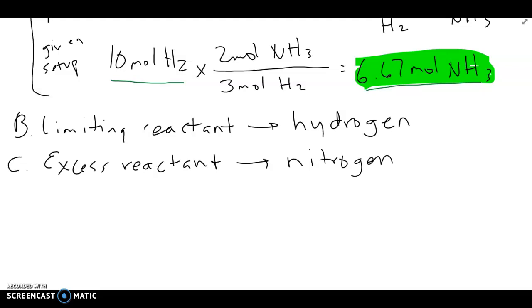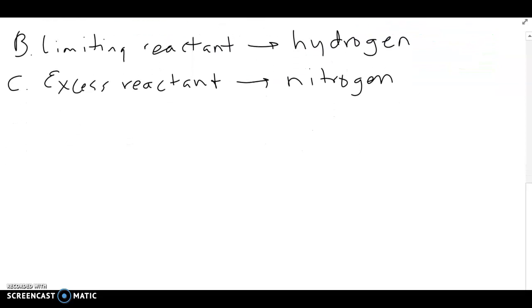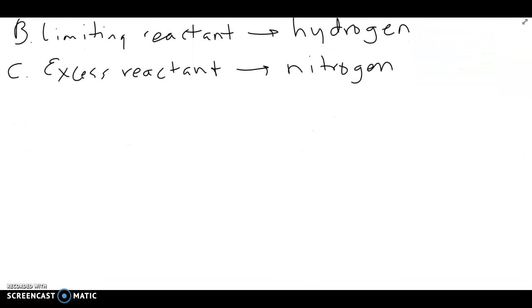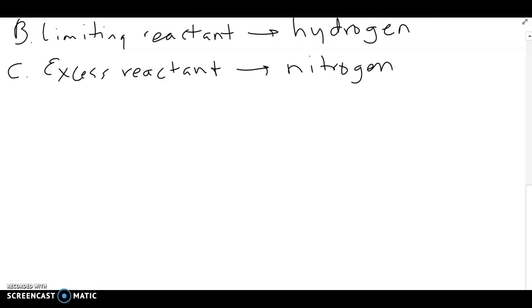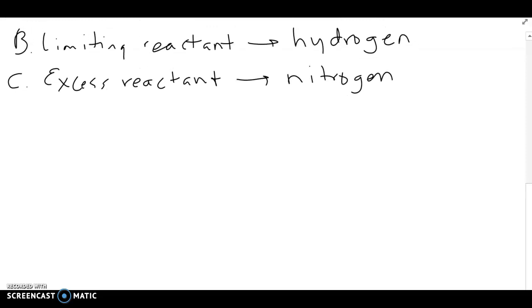So now, next question. How much excess nitrogen do we have left over? First thing we need to do is find out how much nitrogen we are using to make our 6.67 moles of ammonia.